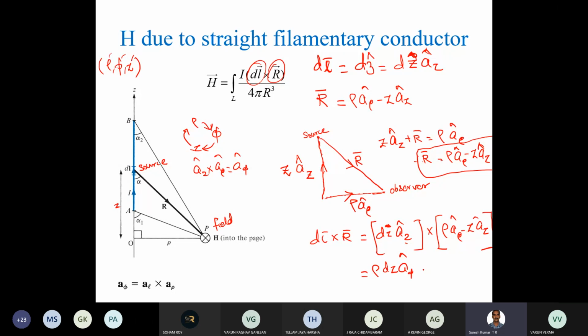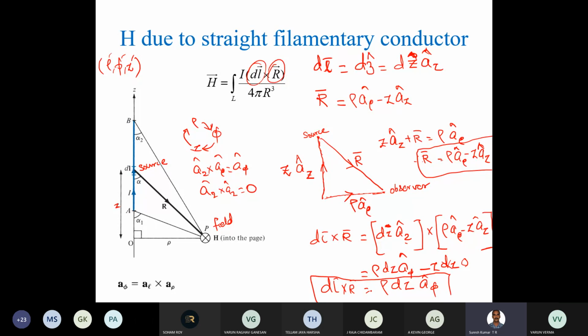Then what about the second term? Minus z into dz, AZ cross AZ. What is AZ cross AZ? If you find the cross product of parallel vectors, it will be 0, because the angle is 0. So dl vector cross r vector is rho into dz into a phi.